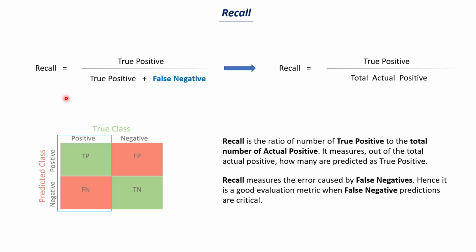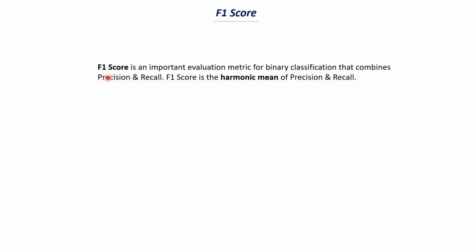Now let's move on to the next metric that we have, which is the F1 score. The F1 score is more of a combination of precision and recall. It is again an important evaluation metric for binary classification problems. Precision and recall are also used in binary classification, where we are predicting between two classes.